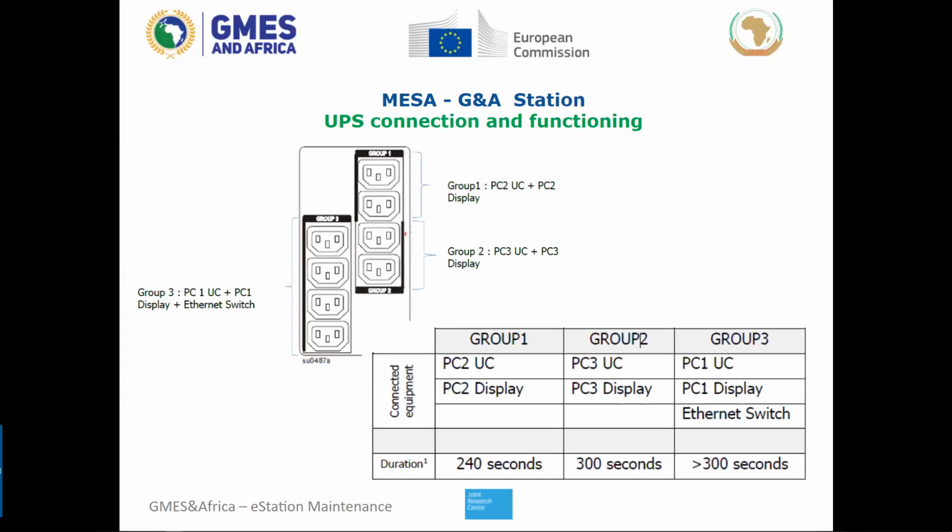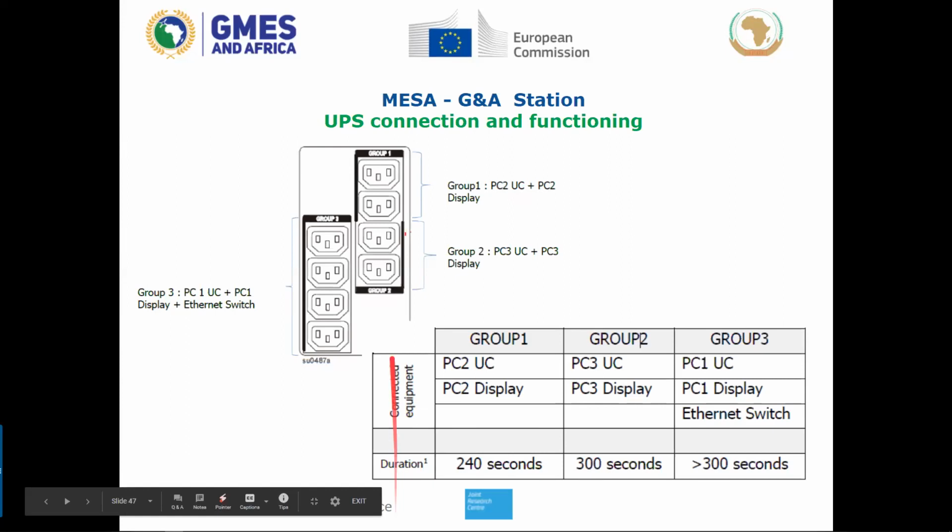So one goal of the UPS is data continuity, but the other is also protection of the computers. UPS also has the functionality of filtering the spikes coming from the power supply network.